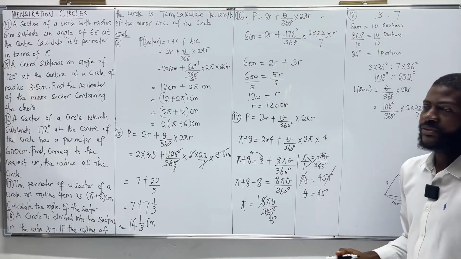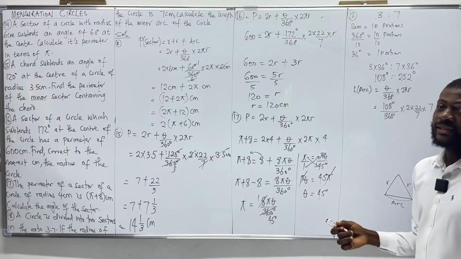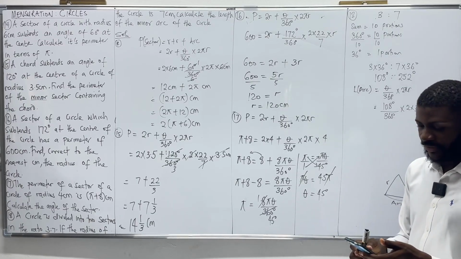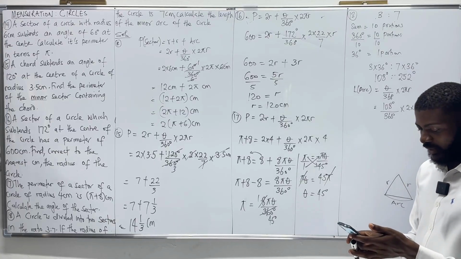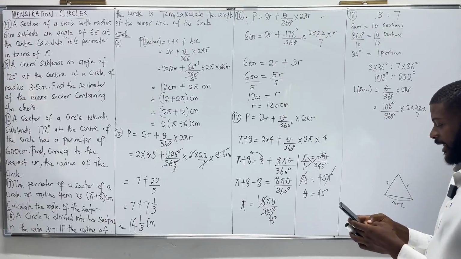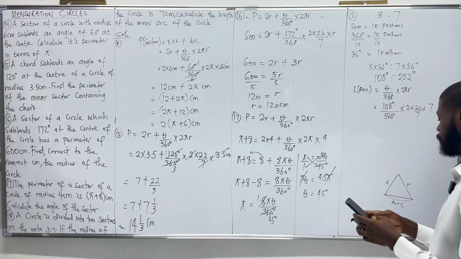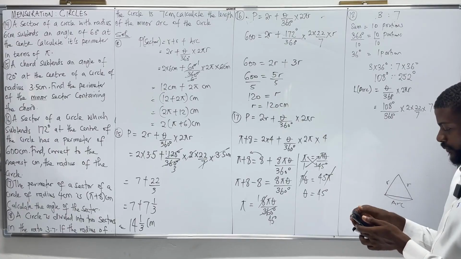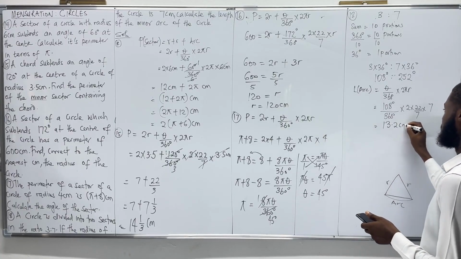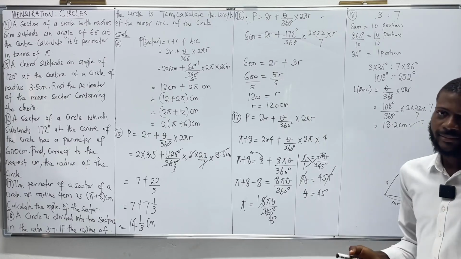So that's our radius. I can decide to cancel out, but I'm just going to put all of this into the calculator. So that will be 108 divided by 360, and then times 2 times 22. Okay, so this will give 13.2 centimeter. So that's the length of the arc.